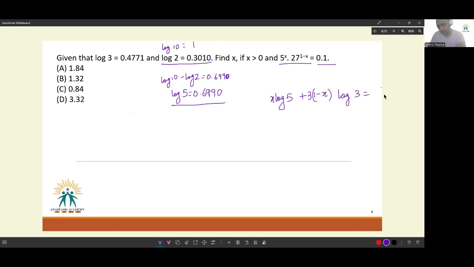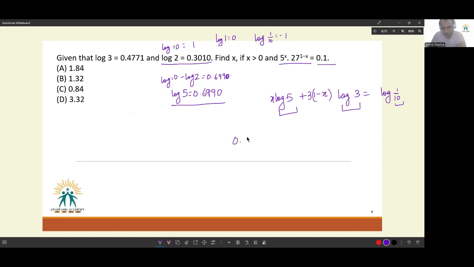And this is equal to log of 1 by 10. Now see, log 10 is 1. Log 1 is 0. Log of 1 by 10 is equal to minus 1. I know the value of log 5. I know the value of log 3. I also know the value of 1 by 10. So I can replace it in entirety.